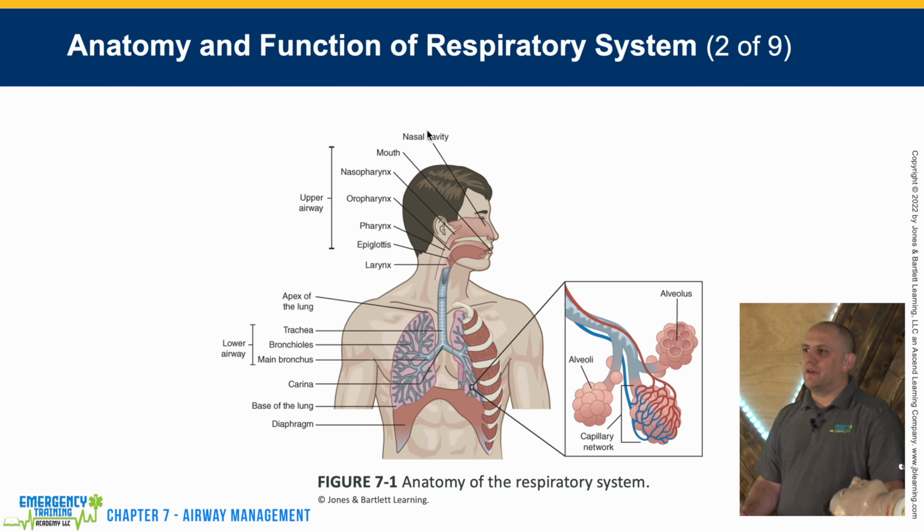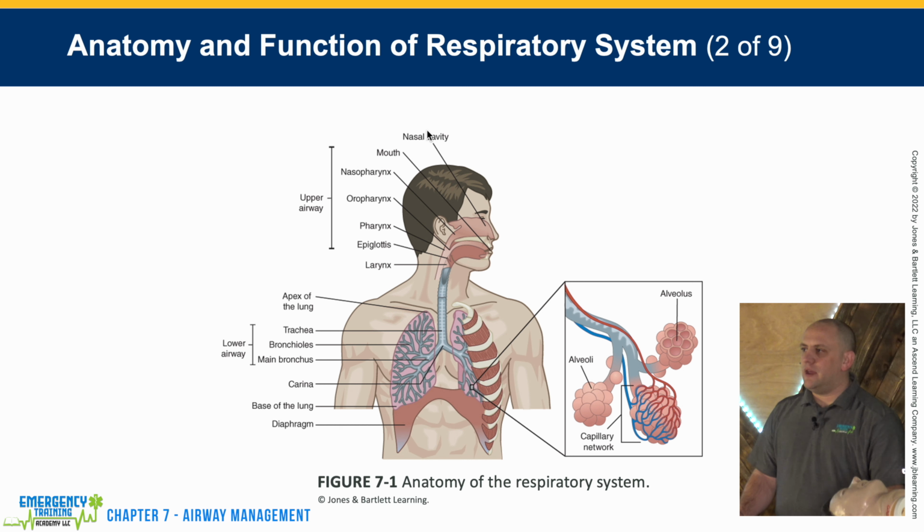Here we have a diagram of the anatomy of the respiratory system. You can see that it's broken up into upper airway and lower. The parts that we use essentially for breathing include the mouth and nose, into the throat, down into the trachea or the windpipe, into the lungs.